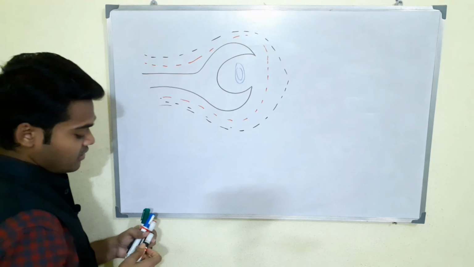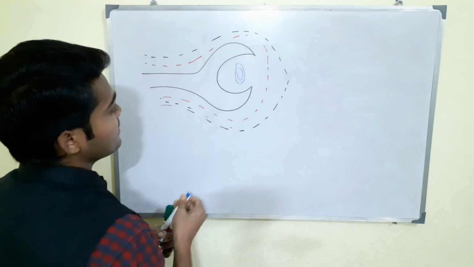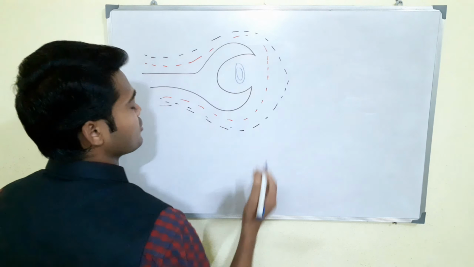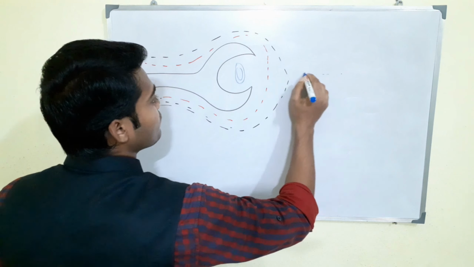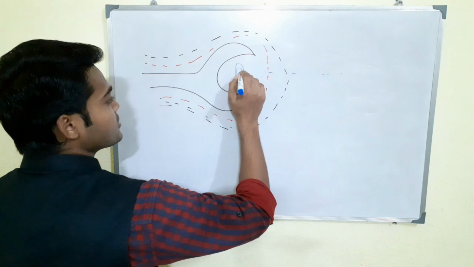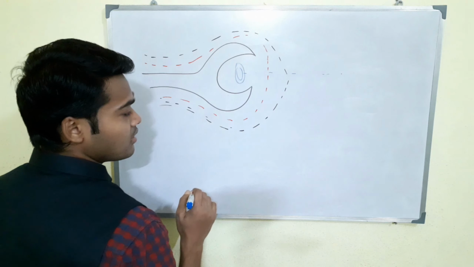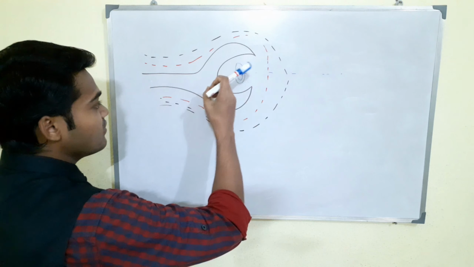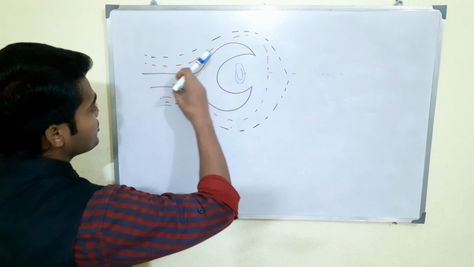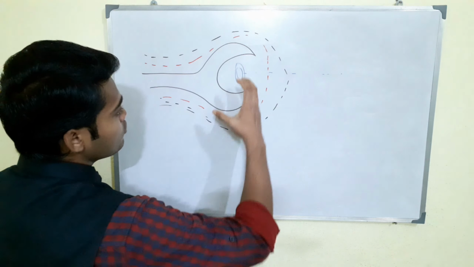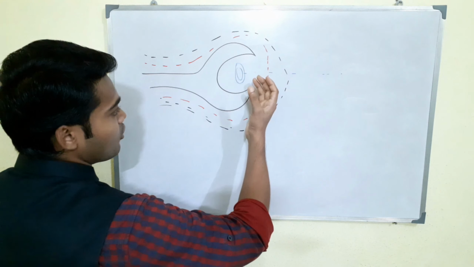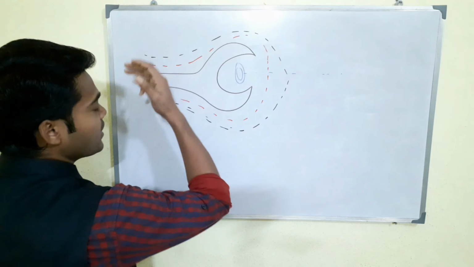What is actually happening here? Just assume this is the actual structure of the eye. When light comes from here, passes through the lens and falls onto the retina, what actually happens inside the eye? How does the retina receive all the light rays and send them to the neural part? Light is an electromagnetic form and it is converted into a brain impulse.